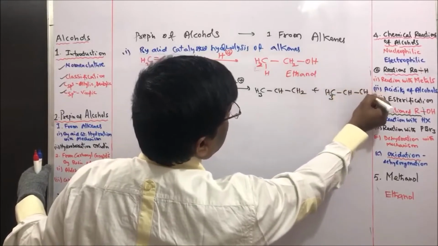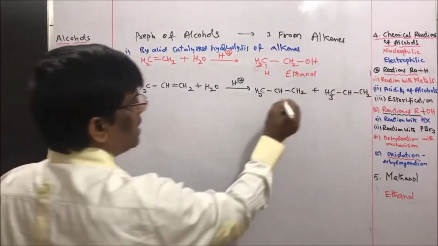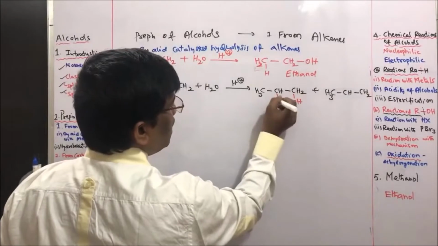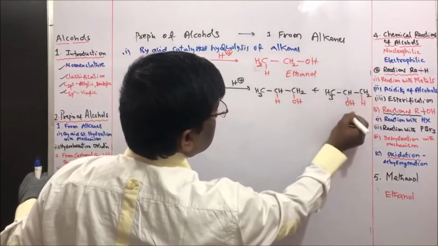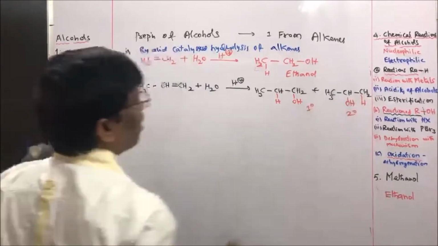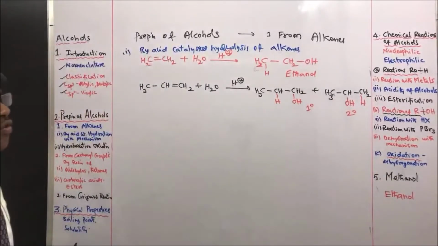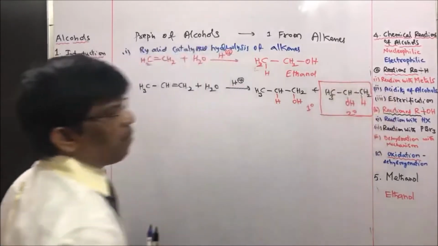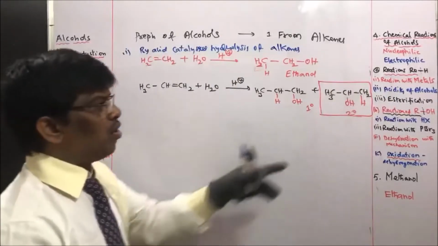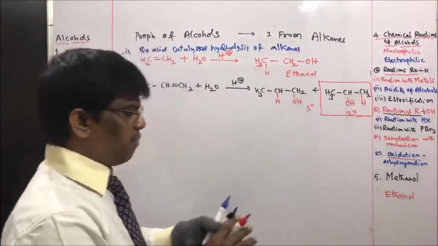Why? Have you any answer? Is it going to form this OH or this? This is secondary, this is primary alcohol. So which is going to form major? Let us see the mechanism.